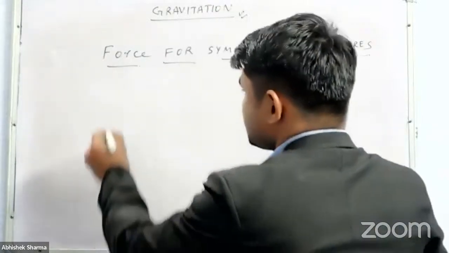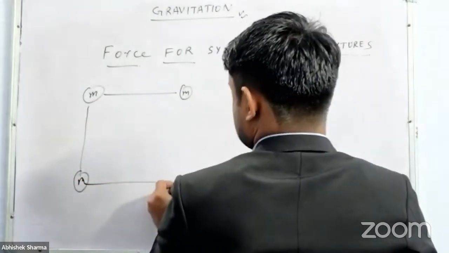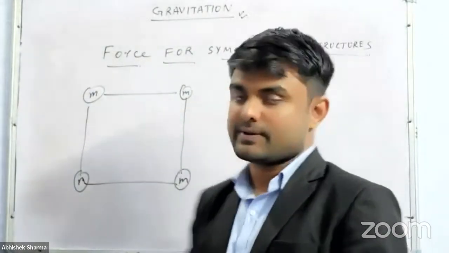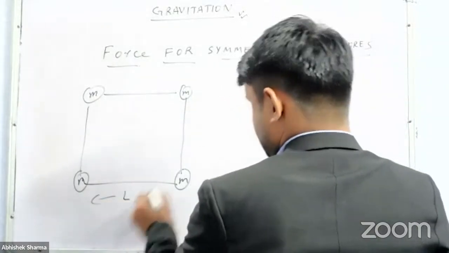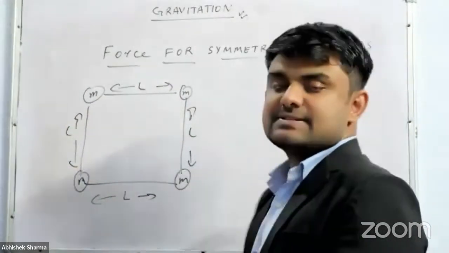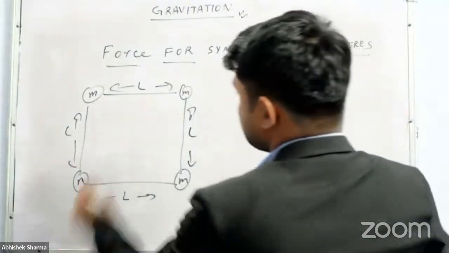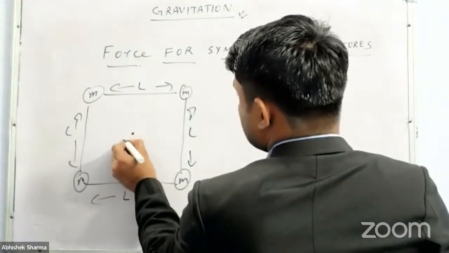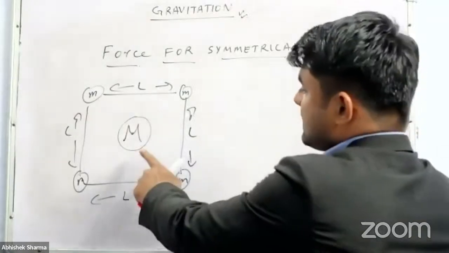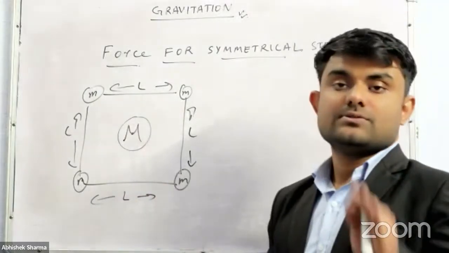Suppose we have four masses on the vertices of a square, and the square side length is capital L. Now, if a capital mass M is placed at the center of the square, and you are asked to find the net force on this mass, let's solve it.